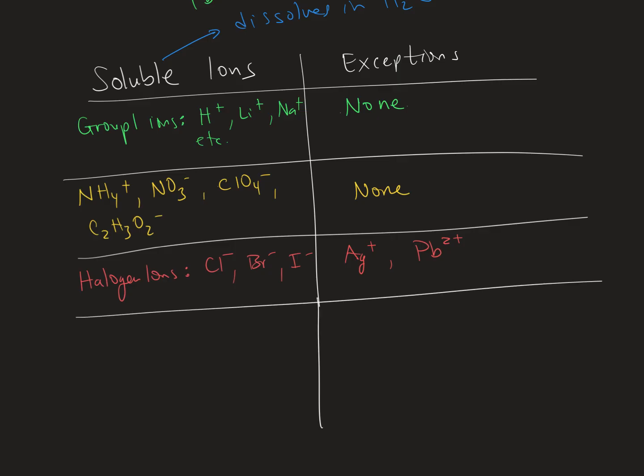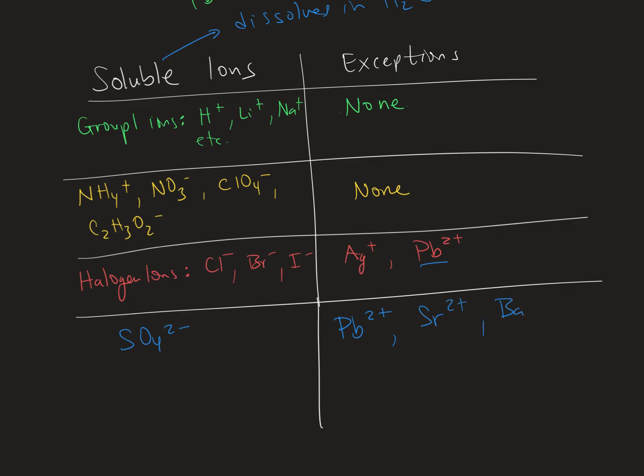And then the last one is sulfate, SO4 2-. These are soluble except with lead 2+, same as that one, but not silver. And two more, strontium 2+ and barium 2+.